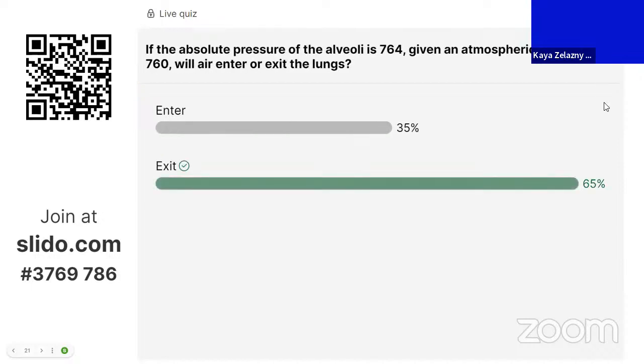All right. So 764 is higher than 760, so we breathe out because we go from high pressure to low pressure.